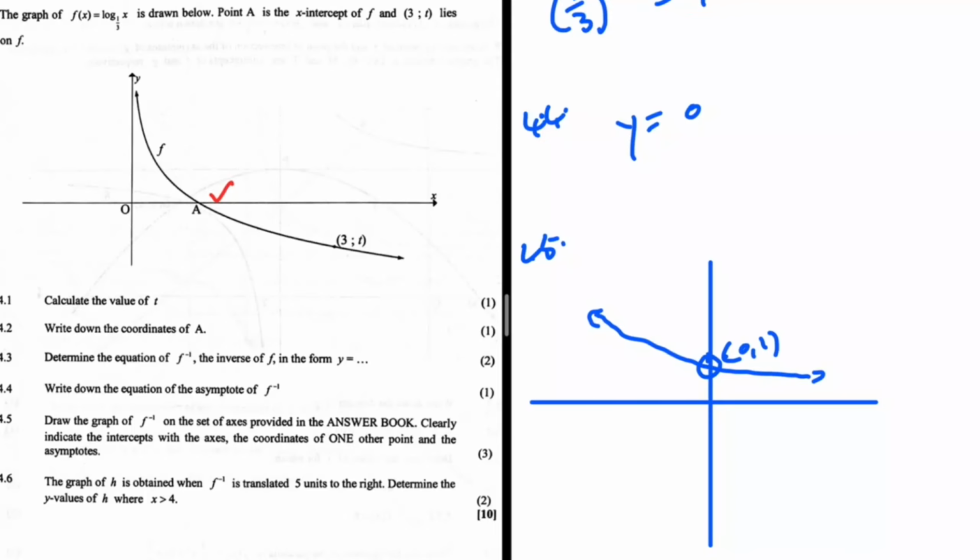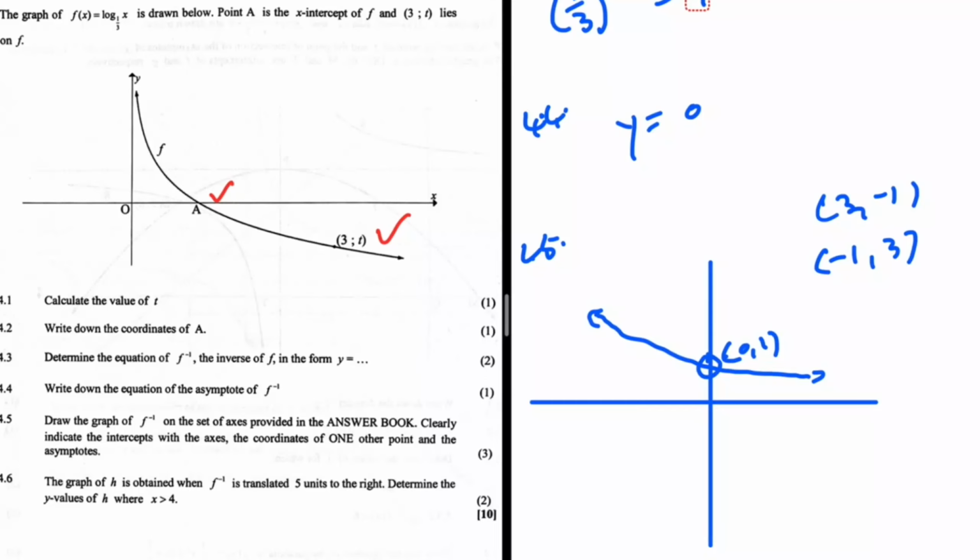And then we need any other point. Oh, okay. So we have (3; minus 1) on f. On the inverse, we must have (minus 1; 3). That's what the inverse does, actually. It swaps x and y.